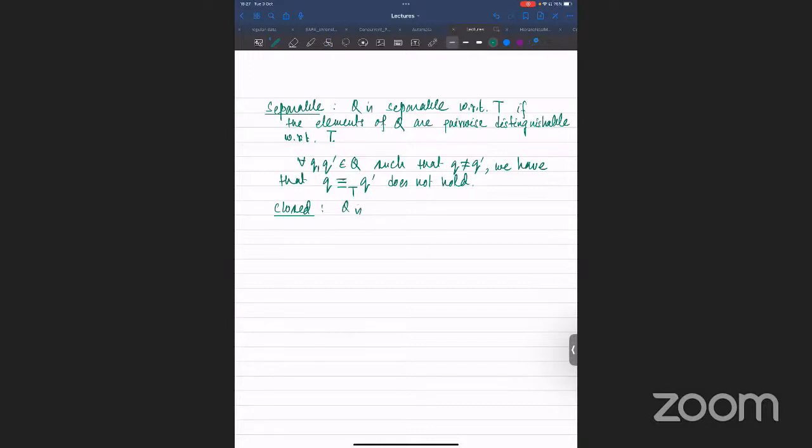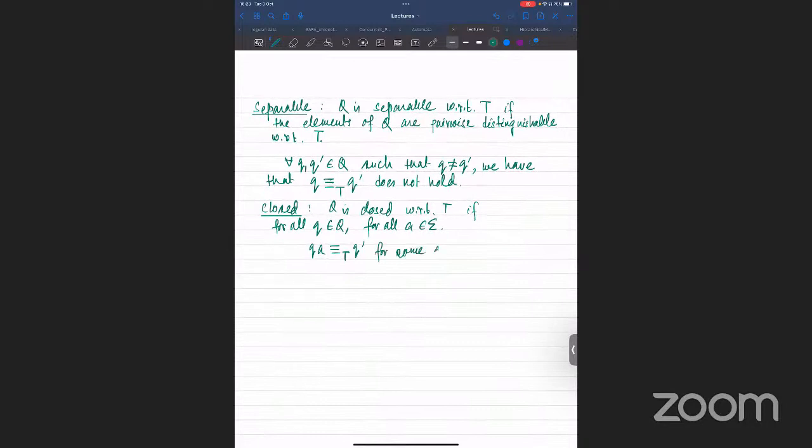And we say that Q is closed with respect to T if for all Q belonging to this set, for all A belonging to sigma, QA is equivalent to Q prime for some Q prime belonging to T. Okay, it is closed.